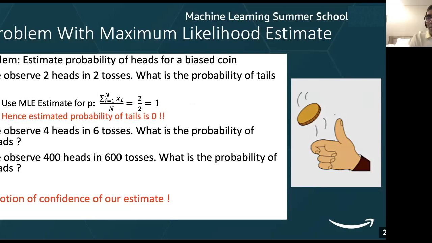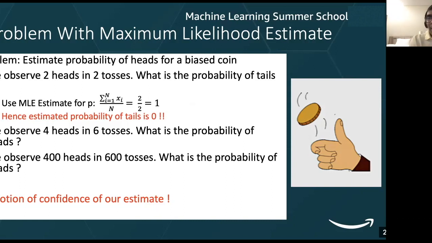Even a layperson would be able to tell you that you haven't really conducted sufficient trials to get the accurate probability in this particular instance. If you, let's say, observe 400 heads in 600 tosses, then you're way more confident of your estimate of the probability of heads compared to conducting just 2 trials. So what really is the problem here?